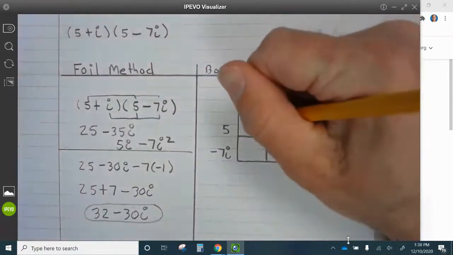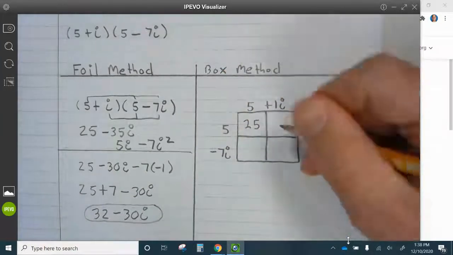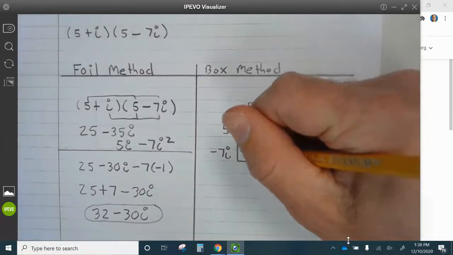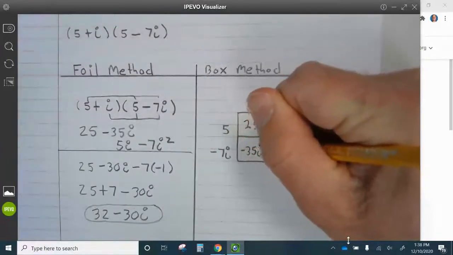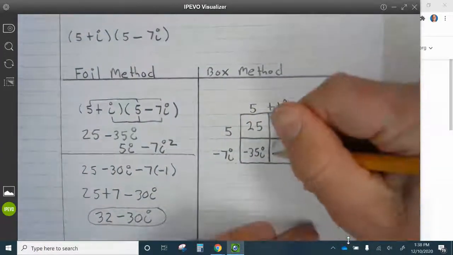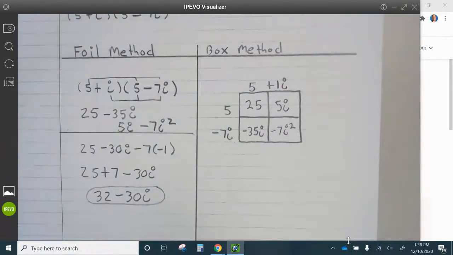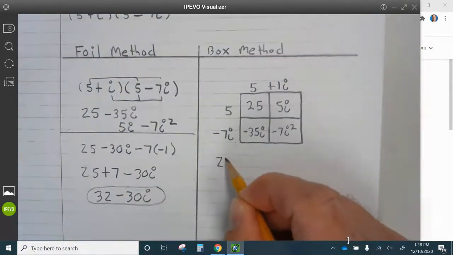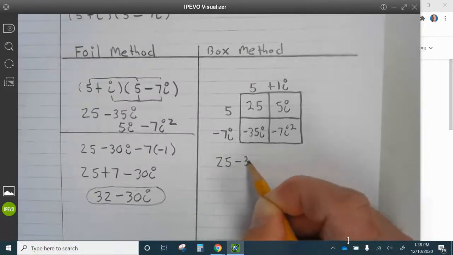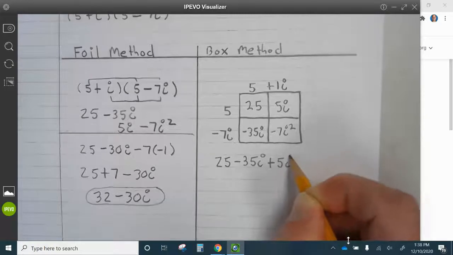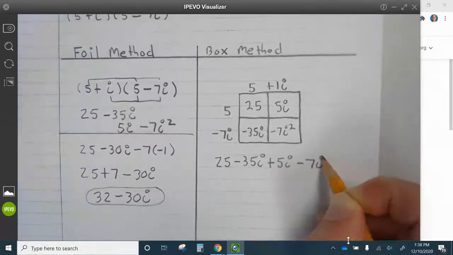Well, 5 times 5 is 25. 5 times 1i is 5i. Negative 7i times 5 is negative 35i. Negative 7i times 1 is minus 7i squared. Okay, so then we have 25 minus 35i plus 5i minus 7i squared.